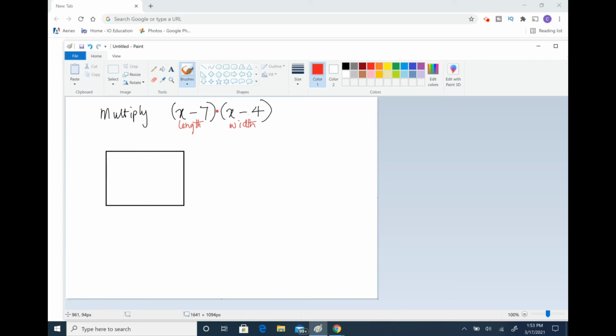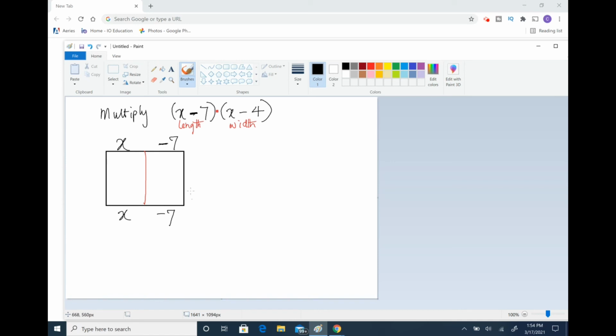All right, so now let's go ahead and put the length on top of the rectangle. We're gonna have x and then negative 7, right? Because it's x minus 7, so this negative comes from the minus in the problem. And then I will go ahead and split my rectangle this way, and I have to remember that the bottom is also the same, x minus 7.